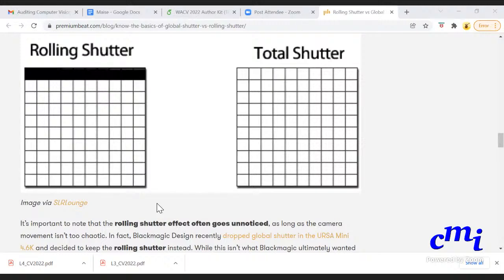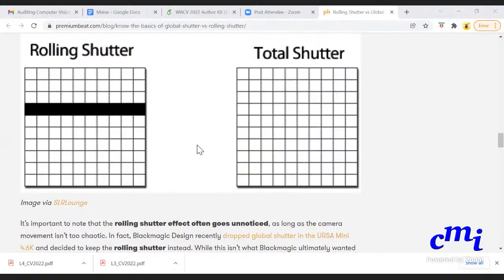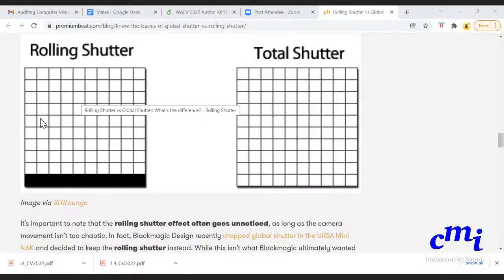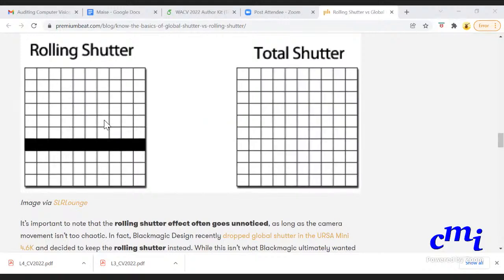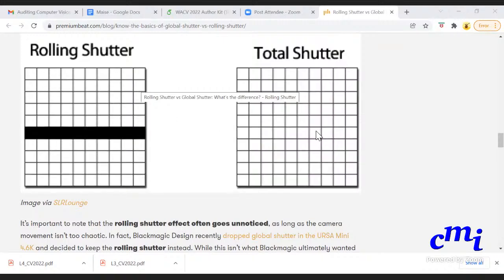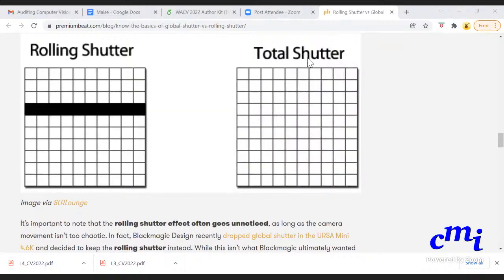Okay, so this is rolling shutter, and on the right hand side is the global shutter or total shutter. What a rolling shutter does is it exposes a few pixels to light, or stops a few pixels being exposed to light, at a time. And in the total shutter, all the cells are exposed at the same time.